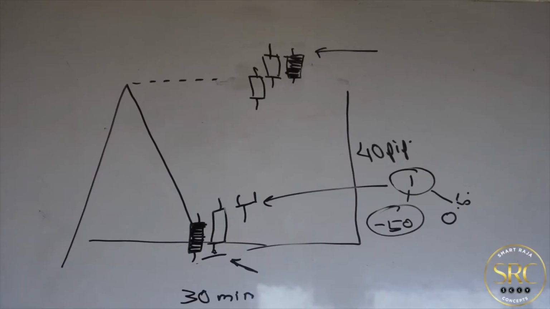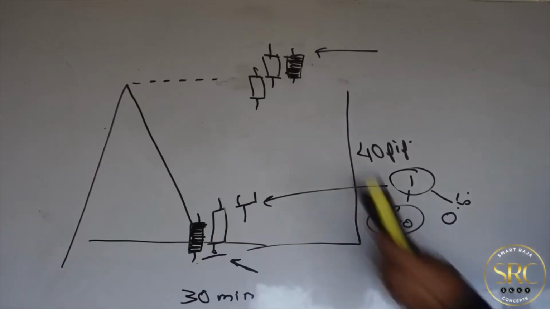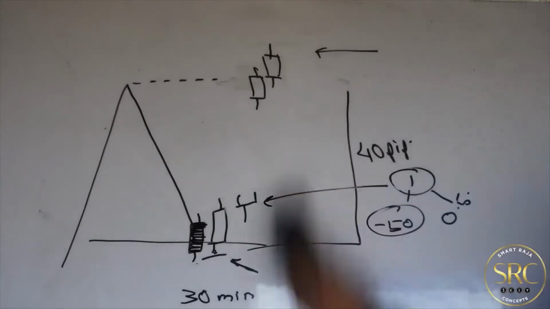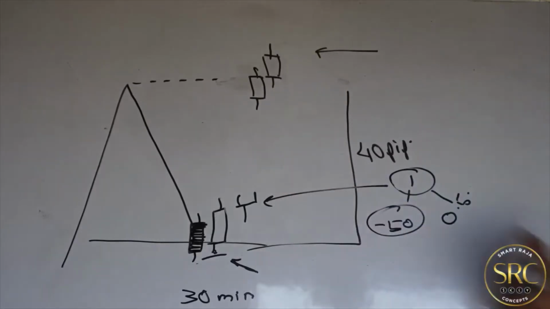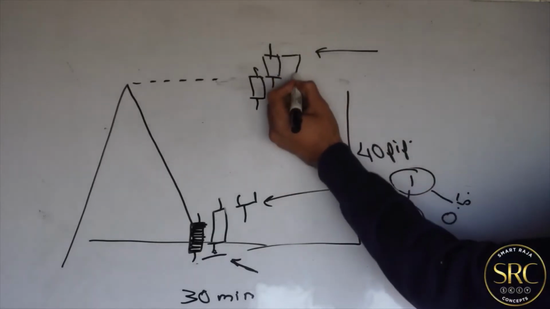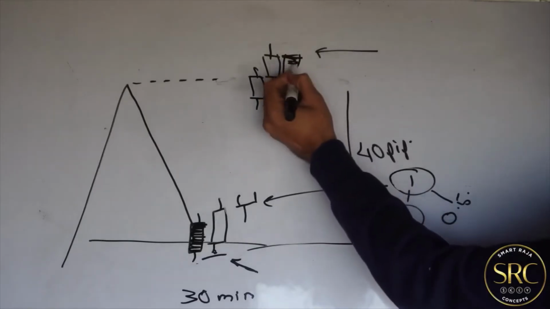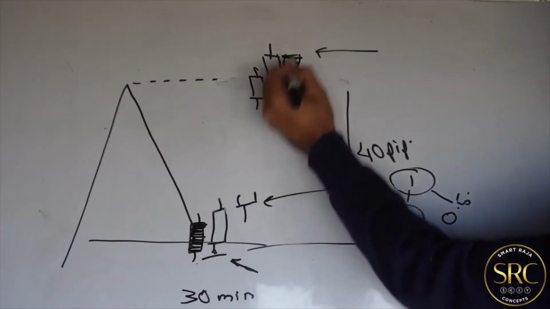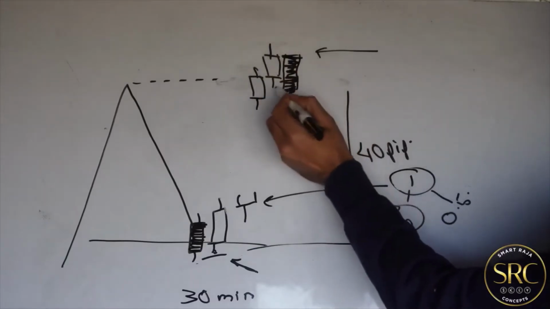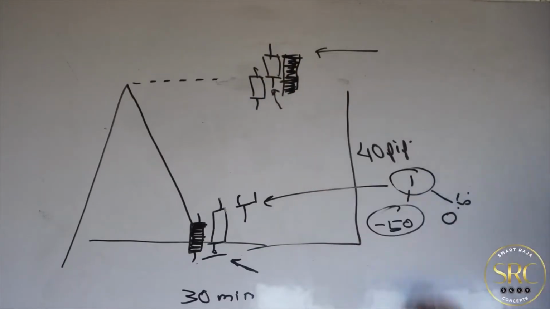Now, if, let's say for example, the 15-minute candle does not close bearish, and if the 15-minute candle breaks the low, right, let's say that this candle is still open, breaks the low of the previous candle, this one, boom, 50% off the table, 100%.